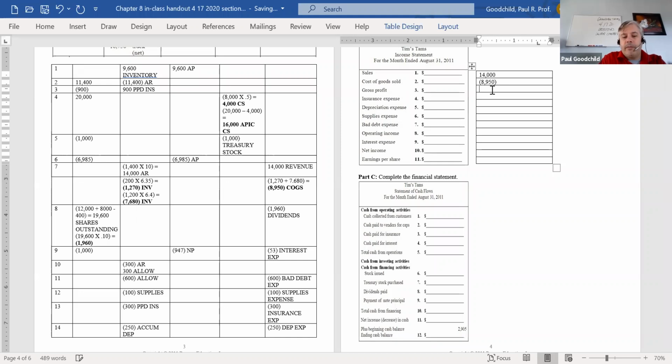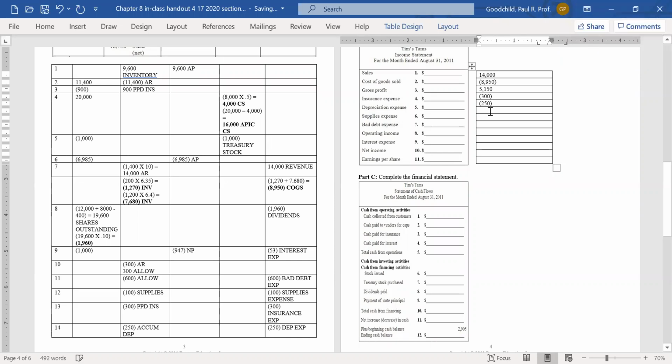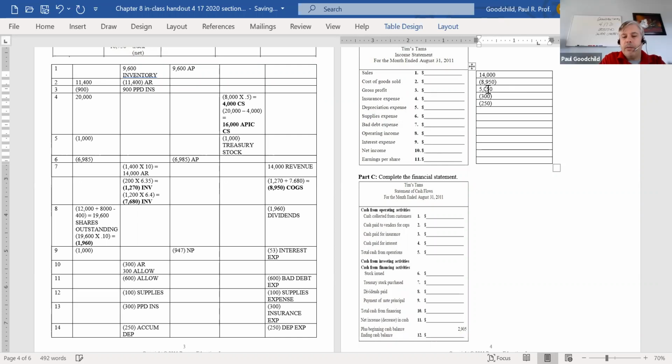So that's 5,150. We had insurance expense, 300. Depreciation expense, 250. Isn't it 5,050? Yes, thank you.